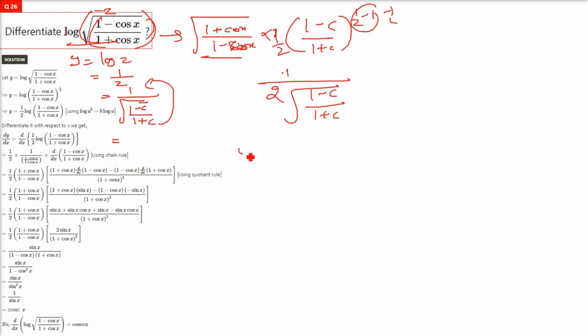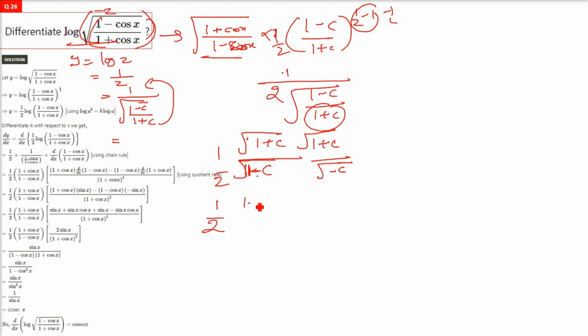Okay, so let me write all of it. 1 plus cos in the numerator, 1 minus cos in the denominator, and we have a 2 in the denominator. Under root 1 plus cos will go in the numerator, this 1 minus cos will be in the denominator, and 1 by 2 of course, as I said. Now under root of something with under root of something, the under root will be eliminated.